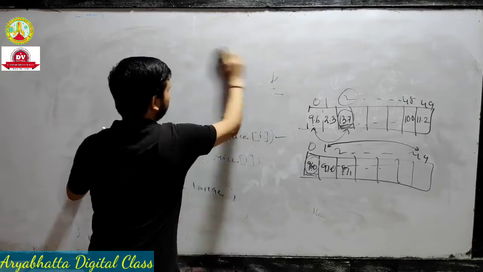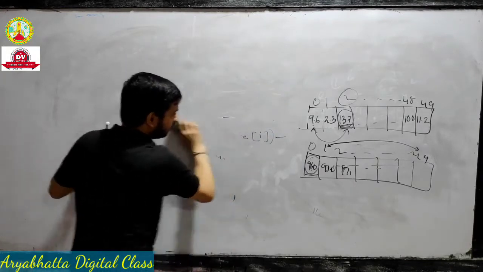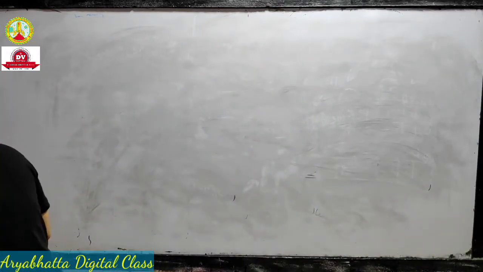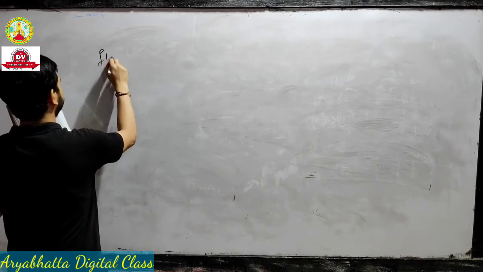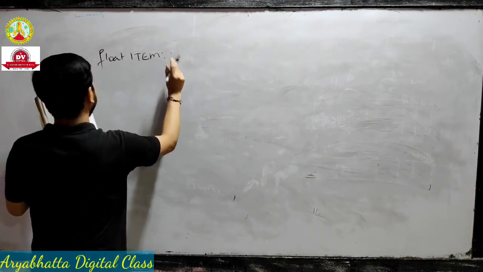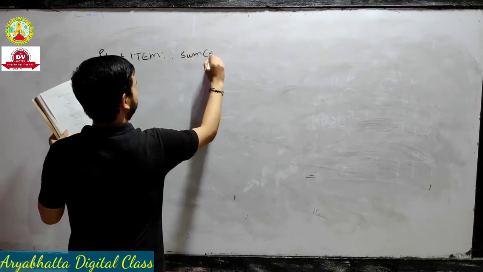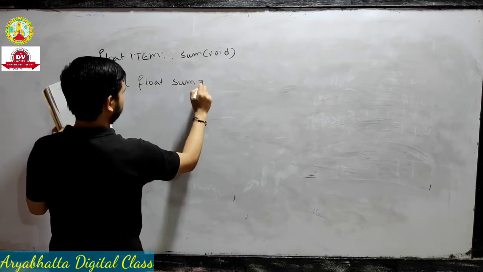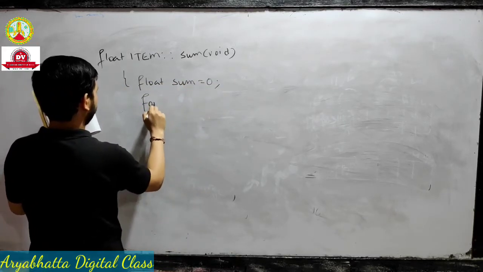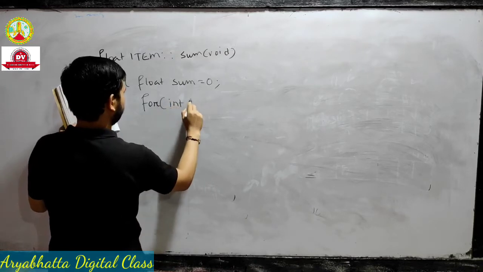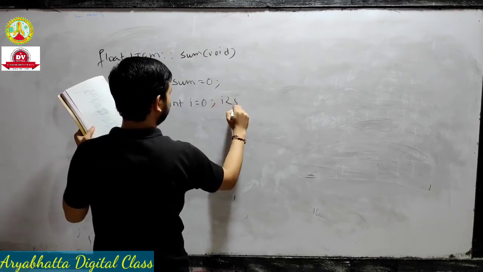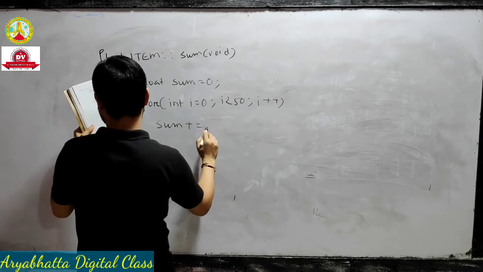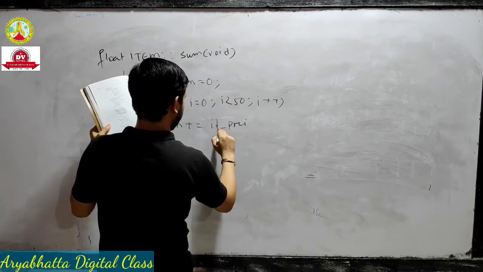Now we see the summation of all prices, the sum of all prices. You just write down serially: float item, sum, void, sum, this is IT underscore price.